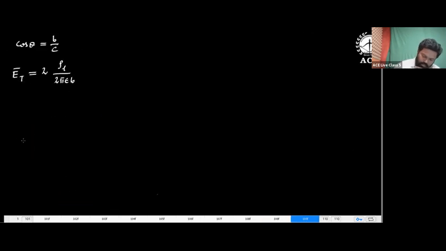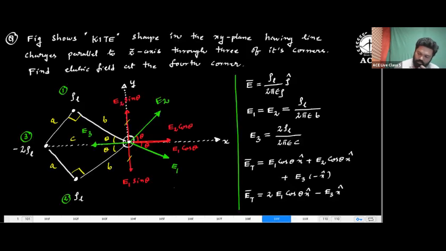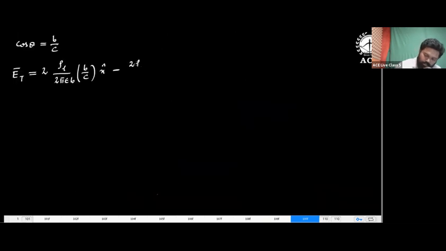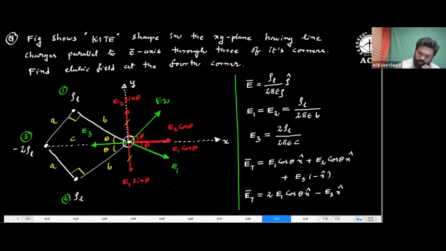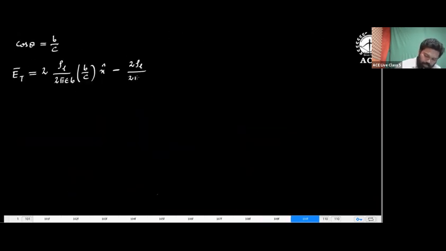What is the cos theta? B by C. X cap minus E3, beta. What is E3? 2 rho L divided by 2 pi epsilon into C x cap.